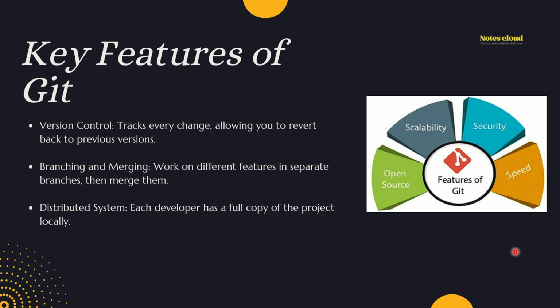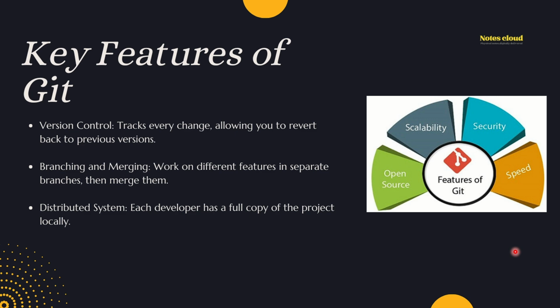Branching and merging: Git allows you to create branches for new features or fixes so you can work independently of the main branch. Once your work is complete, you can merge the changes back into the main project seamlessly. Distributed system: every developer has a complete copy of the project history on their local machine. This means you can work without needing a constant internet connection or access to a central server.